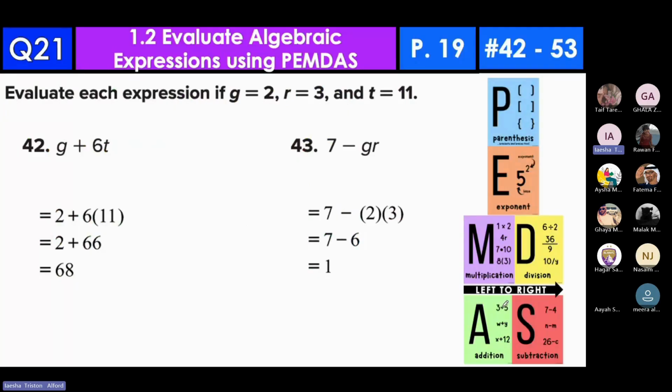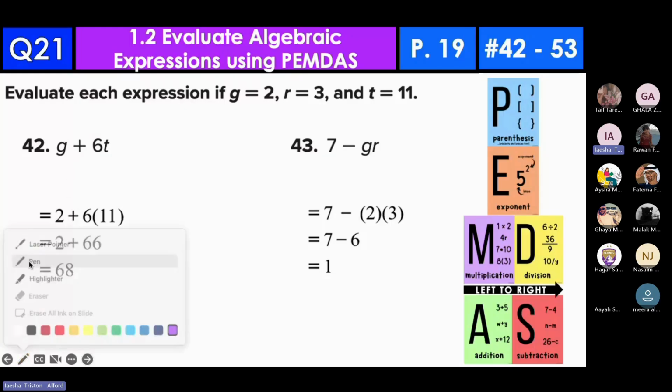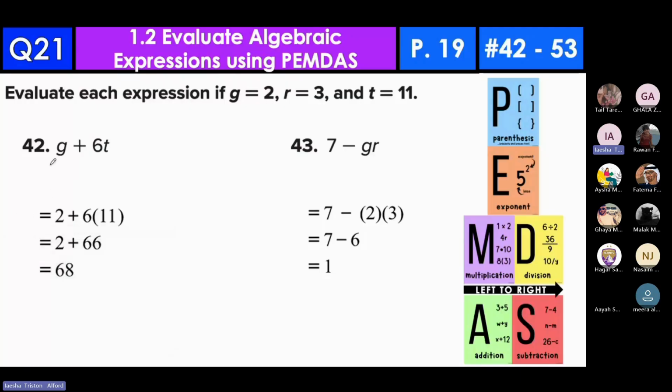Yesterday I sent the answer key, and these are the answers. Some of these I solved in class with you. What's the main thing that we're trying to see? You're not writing G, you're going to put parentheses. The plus, you keep it down. The 6, you keep it down. The T, you put parentheses.